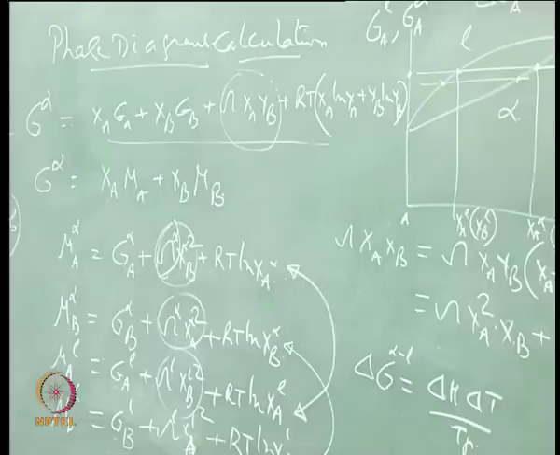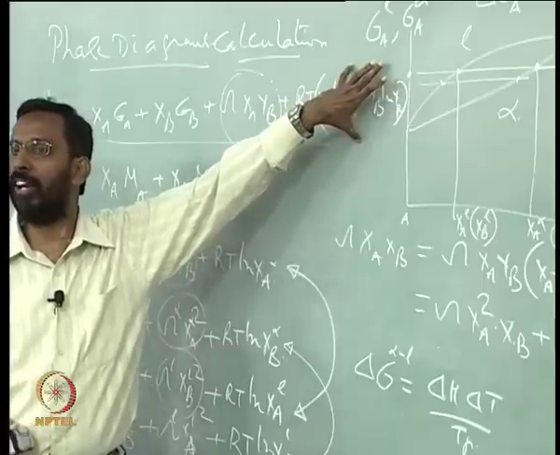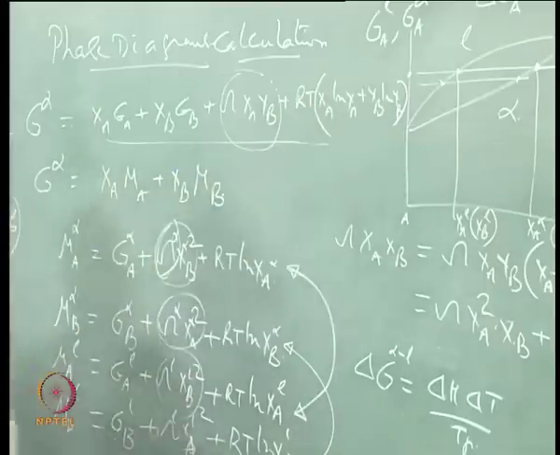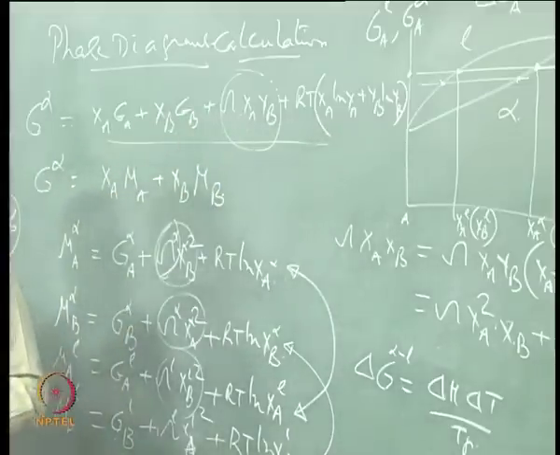It could be a positive interaction, it could be a negative interaction, but it is never 0. If it is 0, there is no regular solution model, it is only an ideal solution. But the entropy of mixing is calculated based on everything being random, with no specific interaction between A and B. So that problem always exists in any free energy calculations.